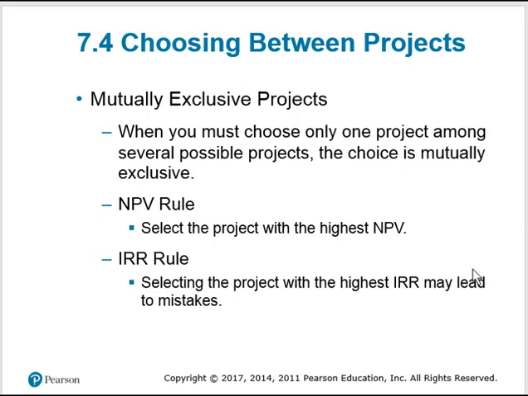And of course, we always select the project with the highest net present value. Now remember, if you select the project with the highest internal rate of return, you might not be maximizing the value of the company. You might not be generating the highest firm value for the owners of the company. And which would they want? Would they want a higher rate of return, or would they want more wealth? So that's the end of part 1 of chapter 7.